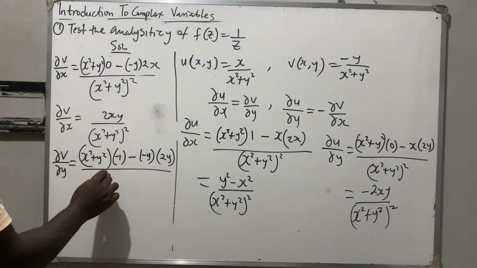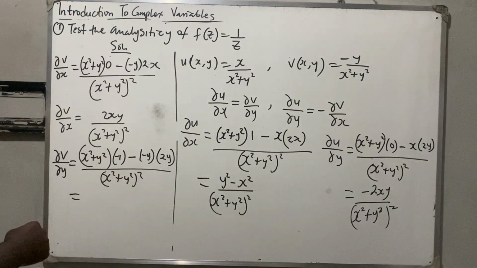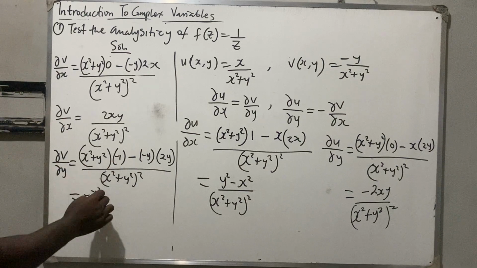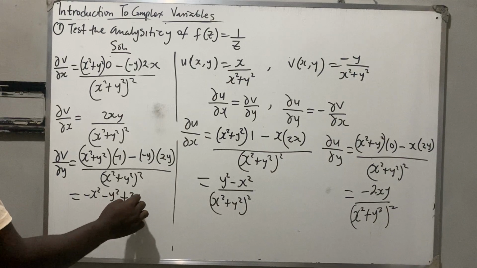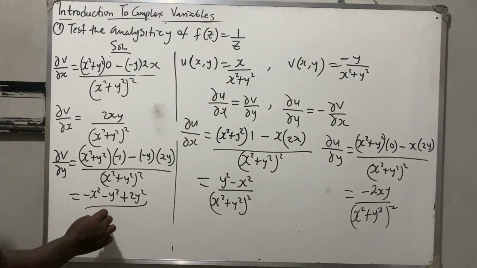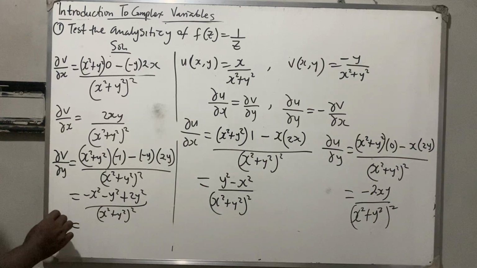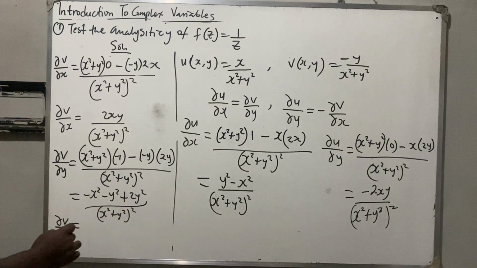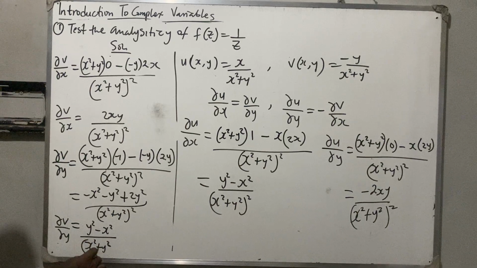So all over the denominator squared, x squared plus y squared all squared. If you open this bracket, minus times this gives minus x squared, minus times this gives minus y squared, and everything here gives plus 2y squared, all over x squared plus y squared all squared. So partial v, partial y gives y squared minus x squared all over x squared plus y squared all squared.